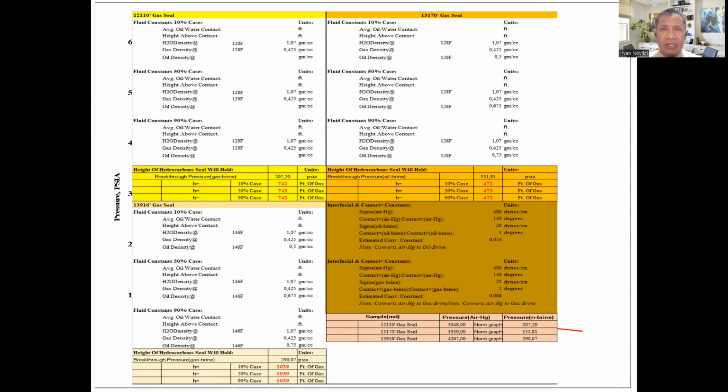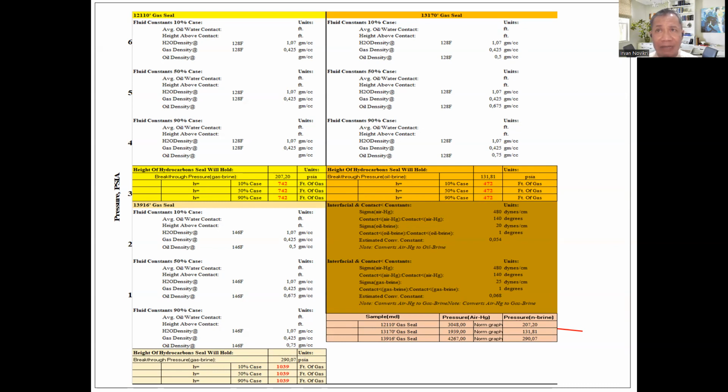And specifically highlighted is the gas seal, three different samples: 12,000-something, 13,000-something, 170 foot, and the third one, 13,916, where this shale indicates the depth at which gas is effectively contained by surrounding brine.